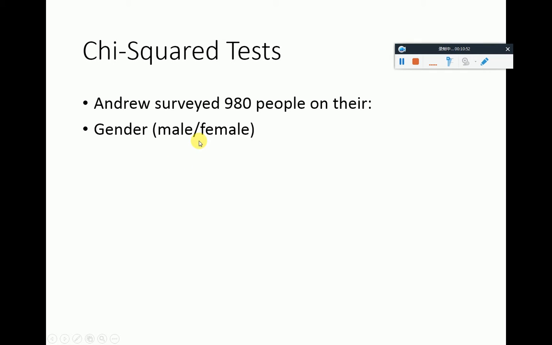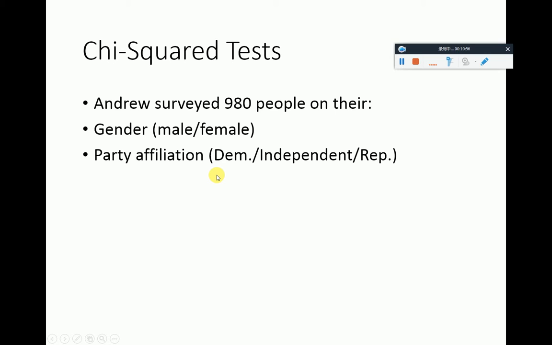And to keep things simple, I only use two categories. And Andrew also asked these 980 people what their party affiliation is. So they can choose Democrats, Independent, and Republicans, one and only one answer to this question.